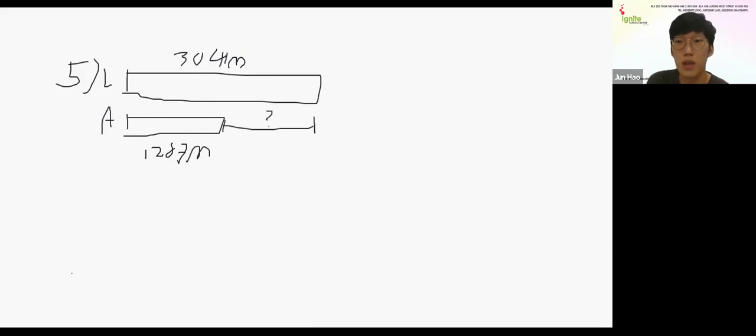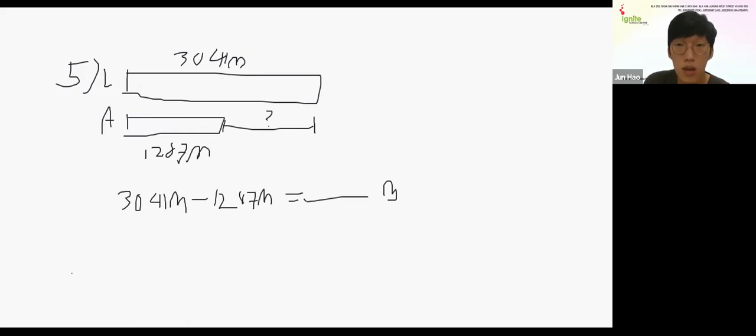So how do we do it? We take the big number and minus 1,287. Since they want it all in meter, we don't have to convert anything.